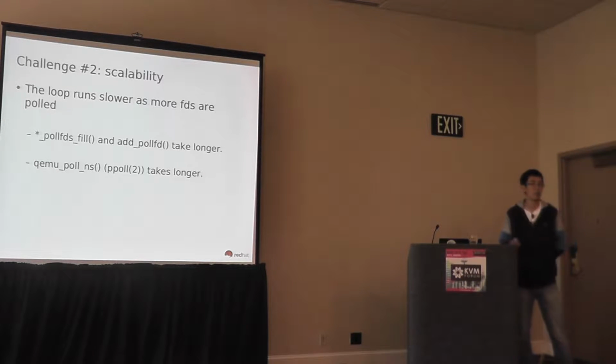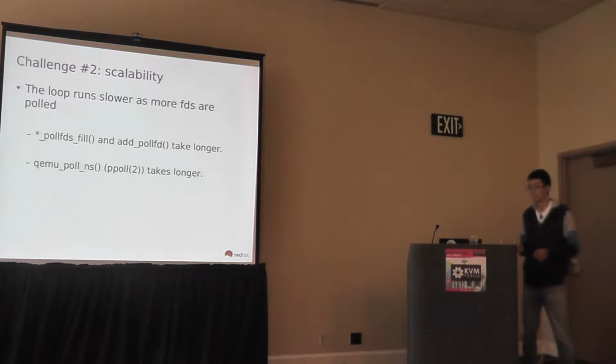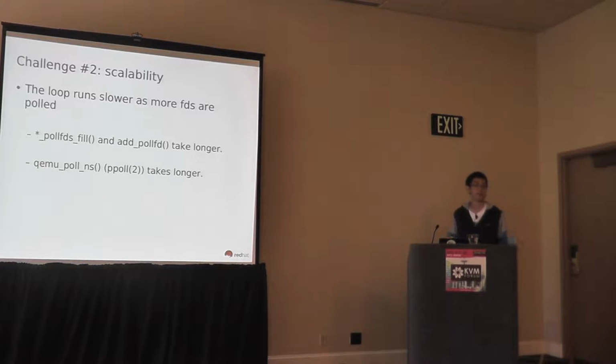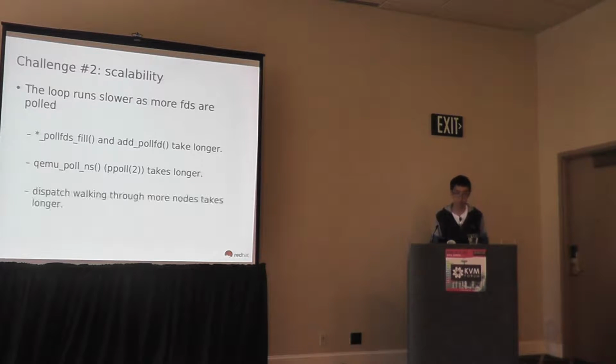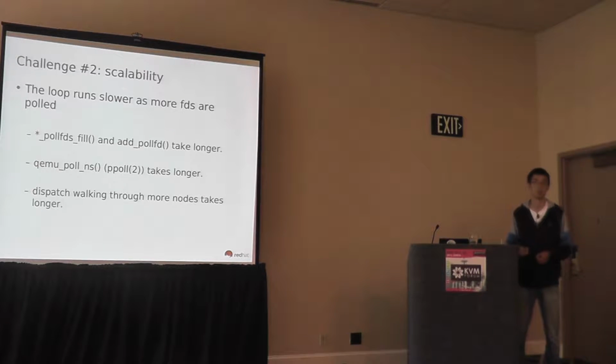The reason is that we pass in an array that has a very big length, and the kernel also needs to work through a lengthy array. Also, after we do the polling, the dispatch working through them will take more time.